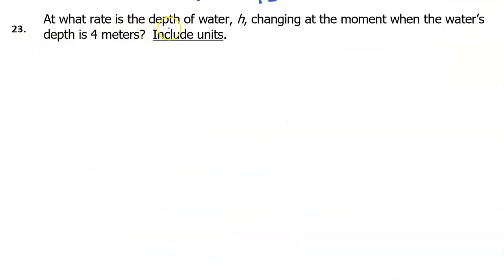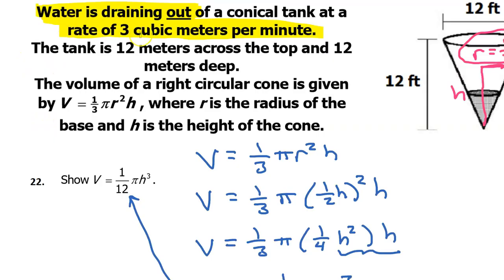Problem 23. At what rate is the depth of the water, h, changing at the moment when the water's depth is 4 meters? Include units. I always like to start off by making an inventory of facts that we know. In the setup, we are told that water is draining out at a rate of 3 cubic meters per minute. This is the rate of change of volume, and it will be negative because the water is draining out.